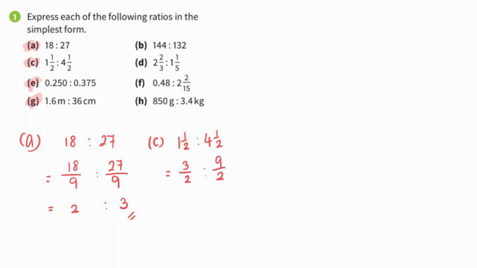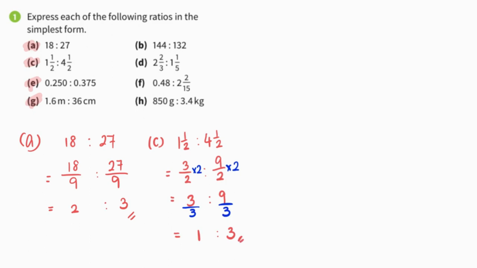And at this point, I would then multiply by 2, so that it will give me 3 is to 9. And finally, I'm going to divide by 3 on both parts of the ratio. Final answer, 1 is to 3.